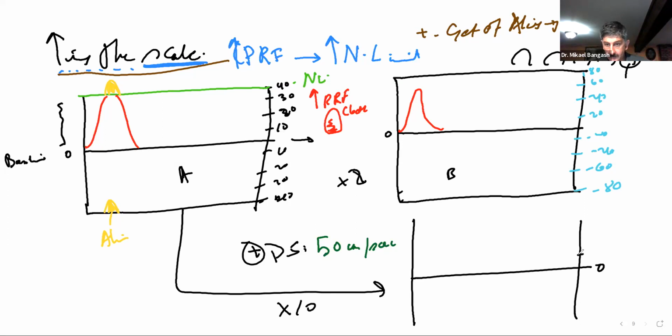But this here will now be a velocity of 100 centimeters per second. This will be 200 centimeters per second. This will be 300 centimeters per second. And the Nyquist limit will now be 400 centimeters per second.